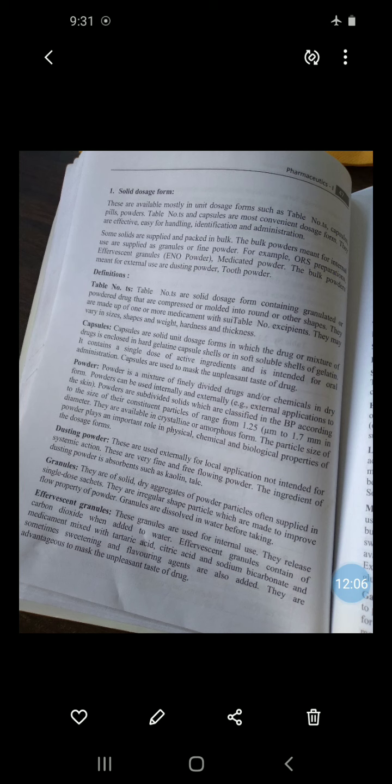Next, capsule. Capsules are solid unit dosage forms in which the drug or mixture of drugs is enclosed in a hard gelatin shell or soft gelatin shell. Capsules are basically of two types: hard gelatin capsule and soft gelatin capsule.